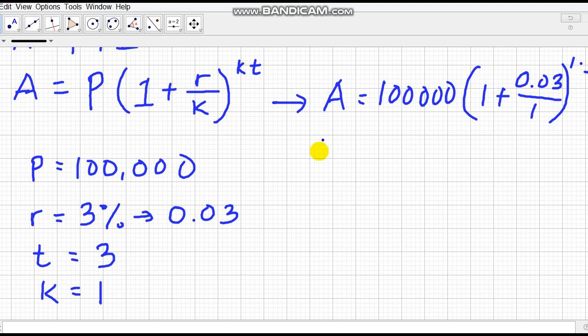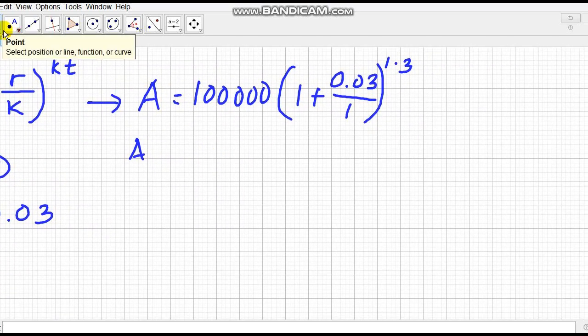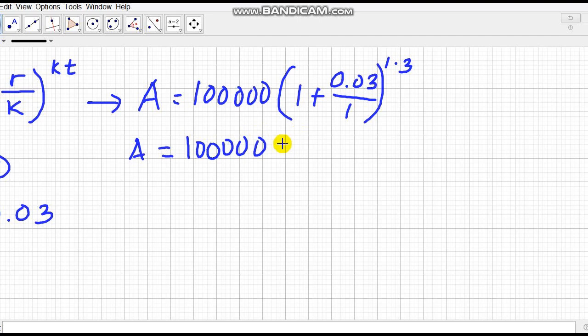So let's simplify. A is equal to 100,000 times 0.03 divided by 1 is still 0.03, plus 1, that would be 1.03 raised to 1 times 3 is 3.